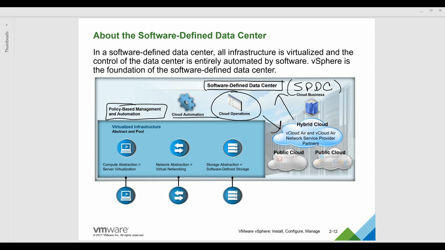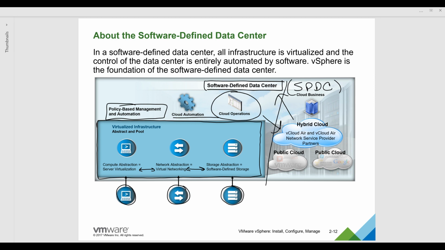And when we say integrate, we integrate our server virtualization to our virtual networking, to our software-defined storage, and back to virtual server. So it lets it all be used within the virtual infrastructure. As you see, you have your server virtualization, your network virtualization, and your software-defined storage virtualization.